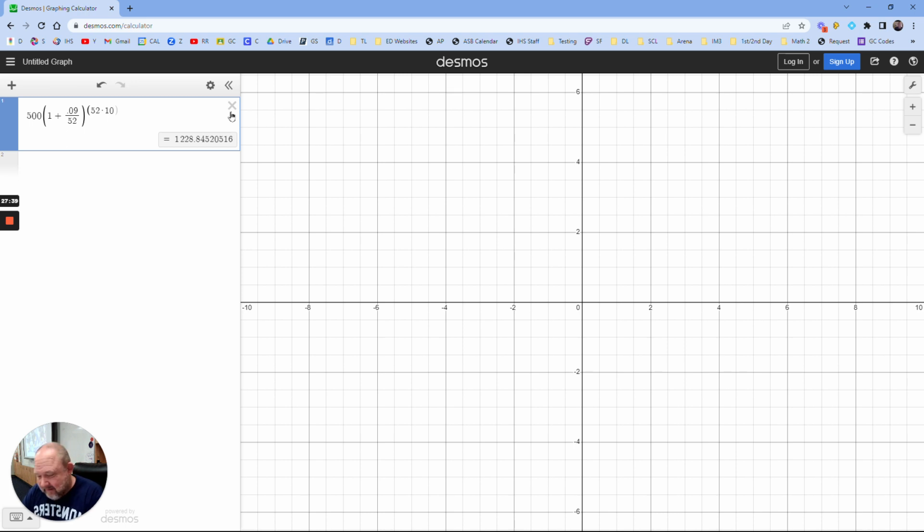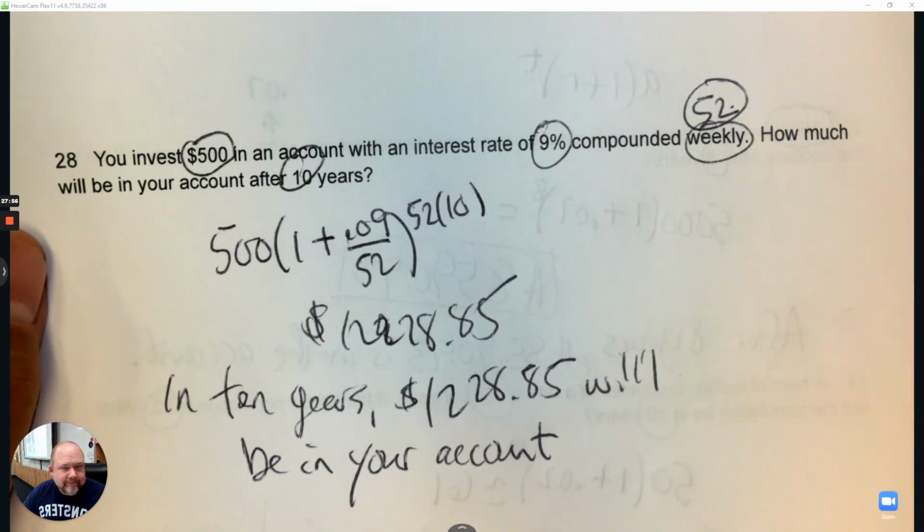And then write a basic sentence down. So in 10 years, $1,228.85 will be in your account. I'll show it to you.